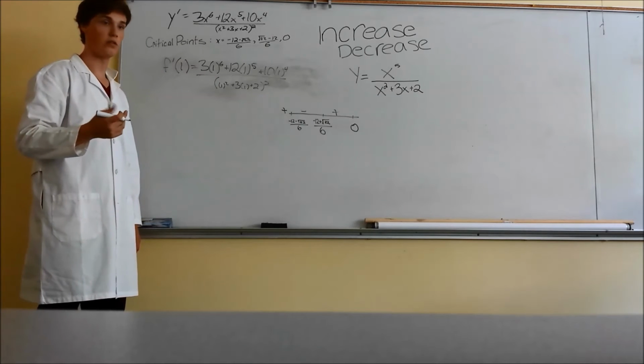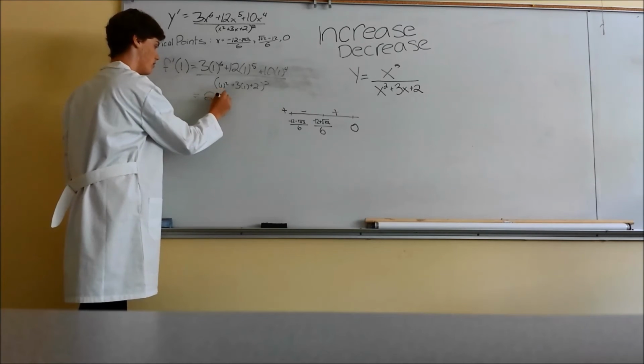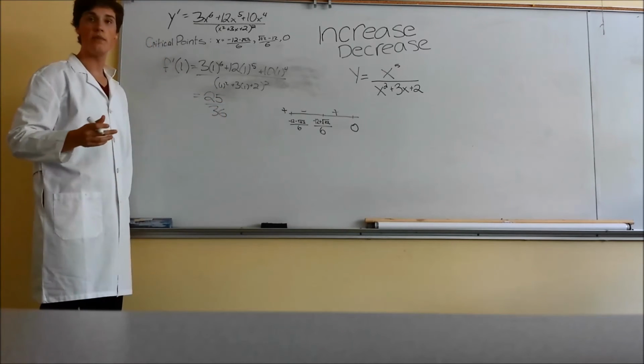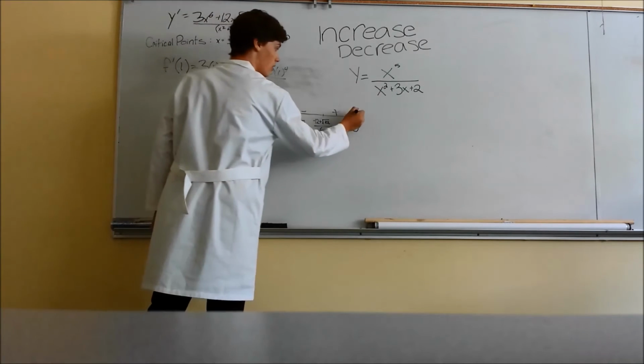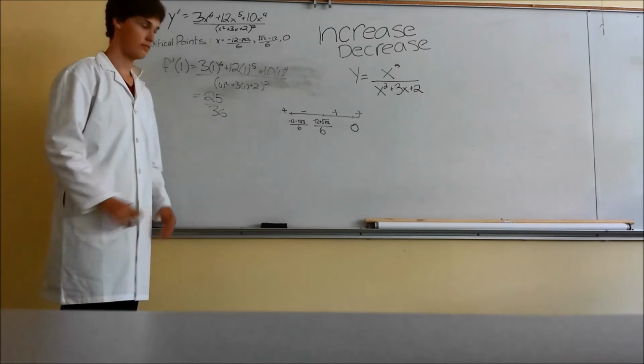We then simplify this equation to attain 25 over 36. Once again, because this value is positive, we know that our graph is increasing at all x values greater than 0.